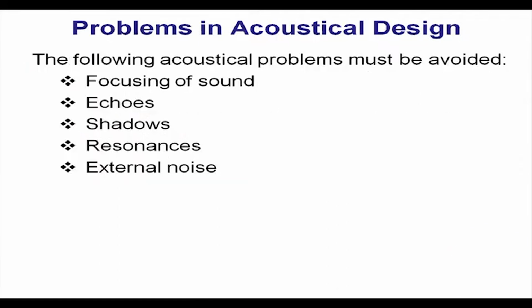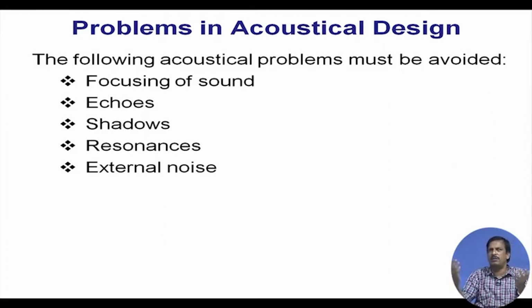Then, what are the problems in acoustic design? There are a few problems. We have to avoid focusing of sound. When I design an auditorium, there should not be any particular place where the sound is focused. We have to avoid echoes. We have to avoid shadow. What is sound shadow?